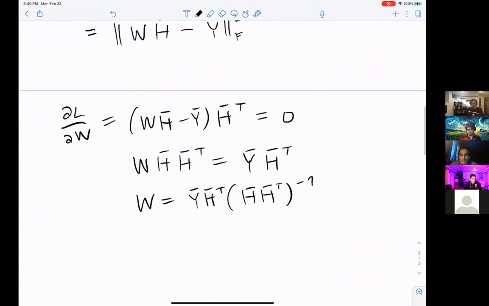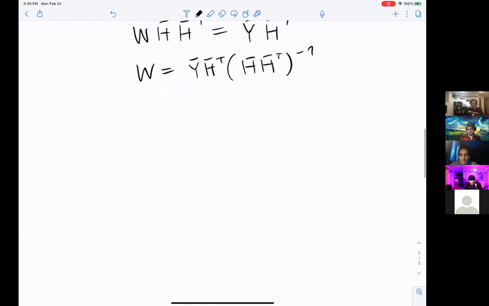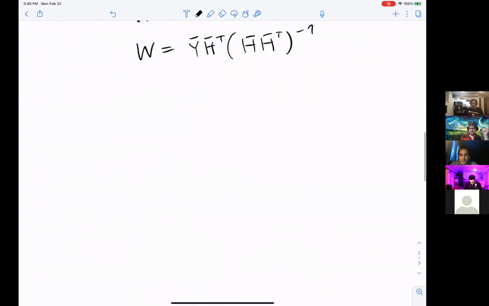Okay, so we obtained our solution, but we would like to massage it until we get something that is desirable, appetizable. I don't think that's a word. And how are we going to do that? So first of all, let us look at this quantity and let us massage it. Notice that for Y bar H bar transpose, I'm going to instead consider the transpose of that.